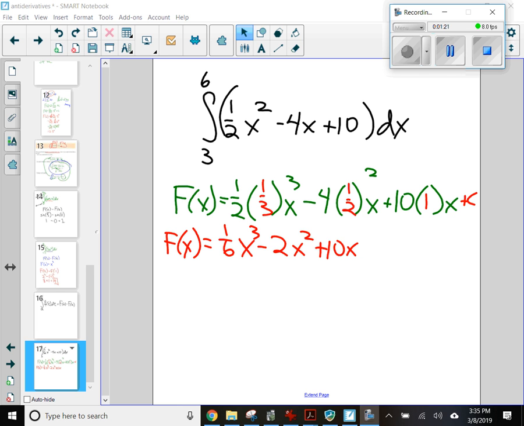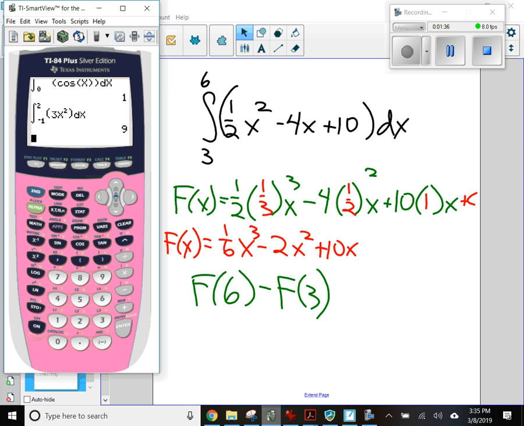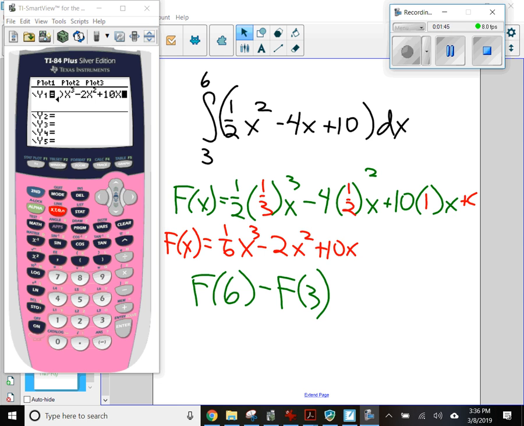So what I'm going to do is big F of 6 minus big F of 3. I could do that by hand, but instead I'm going to use my calculator, and I'm going to put in my big F of x right here, which I did already so you didn't have to watch me.